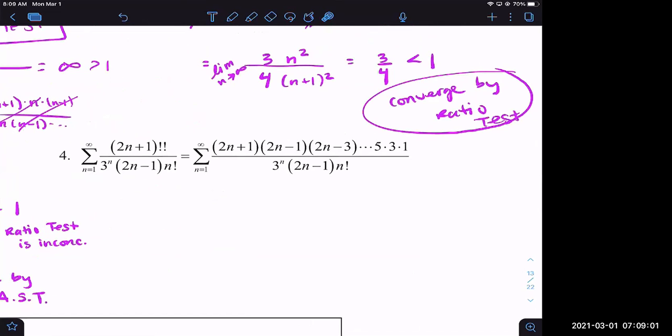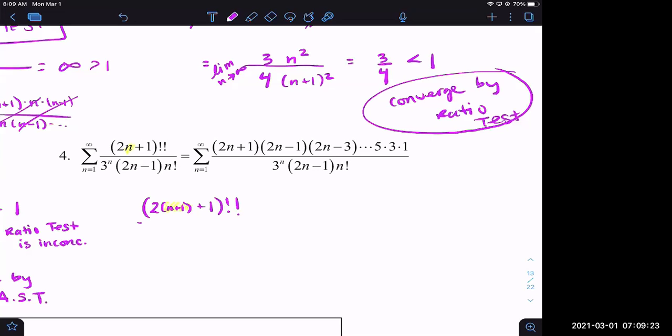So they're writing that out. They're showing us the nth term. We need the n plus 1 term, so we're swapping out the n for n plus 1. I'm going to have 2 times n plus 1. I'm going to write it out the long way. This is the numerator where n becomes n plus 1.